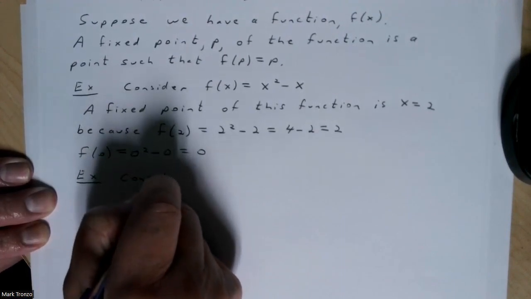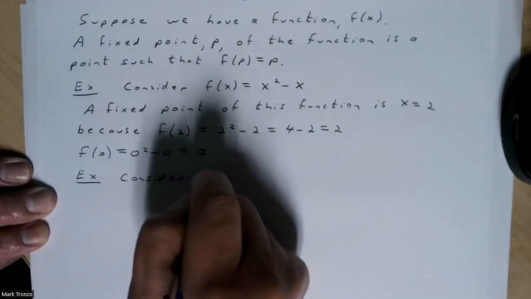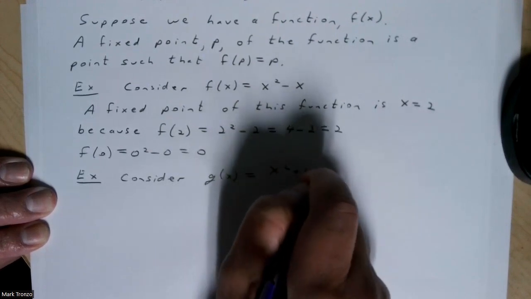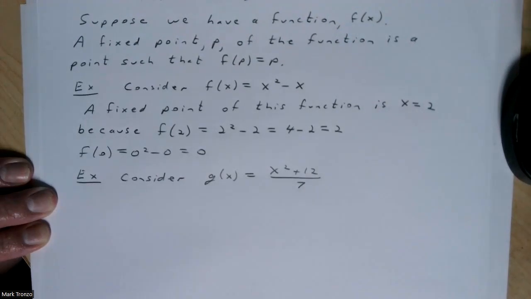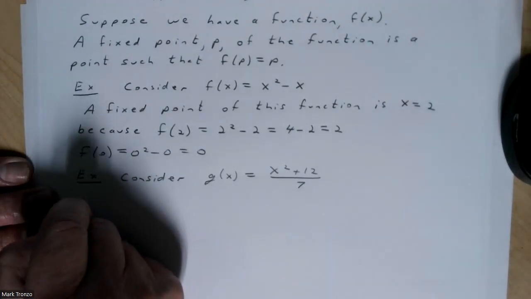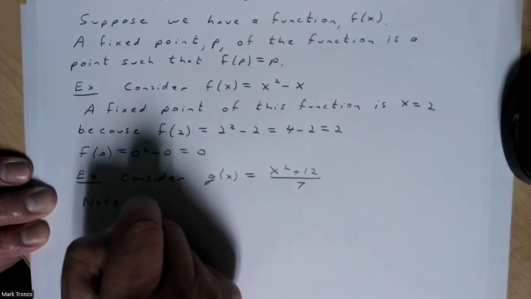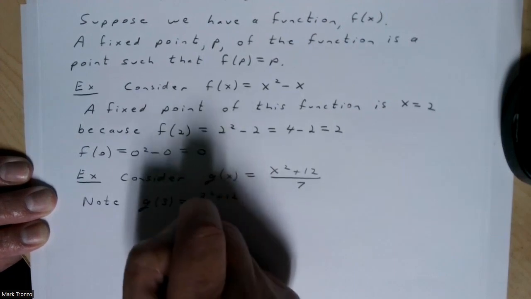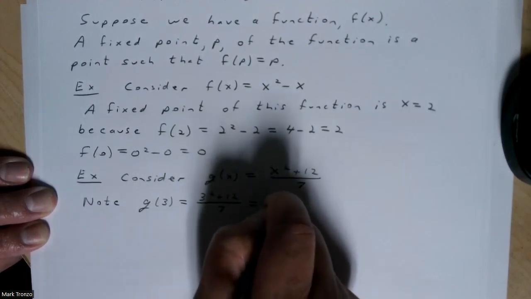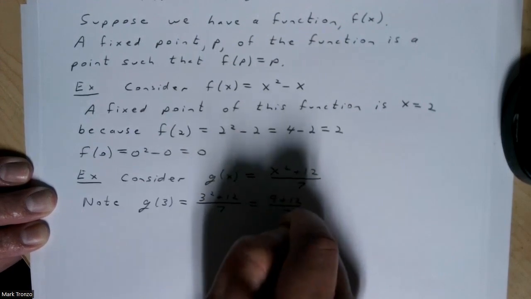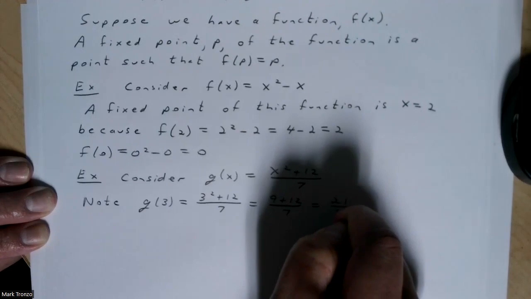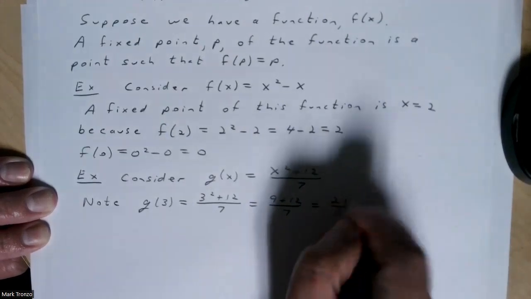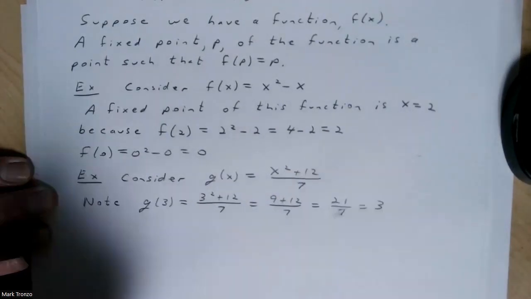Now let's consider this function here. Consider g of x equals x squared plus 12 over 7. And here's another fixed point. Note that if we put 3 into our function, we get 3 back out.